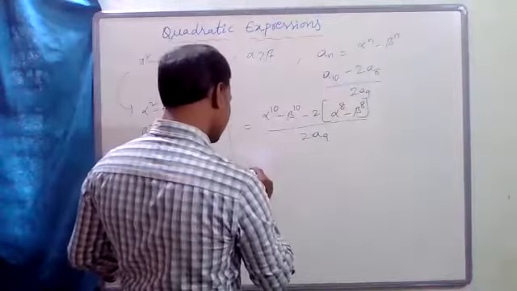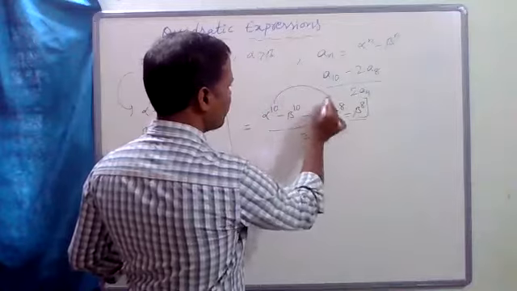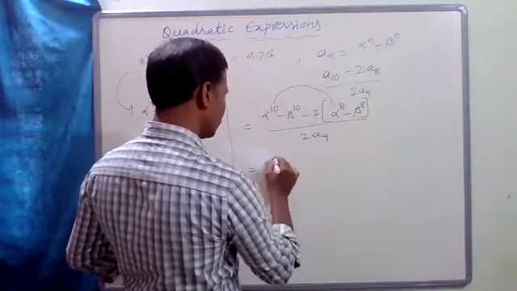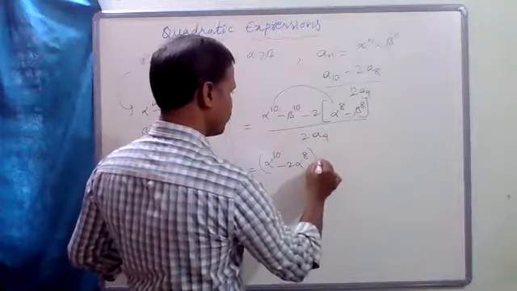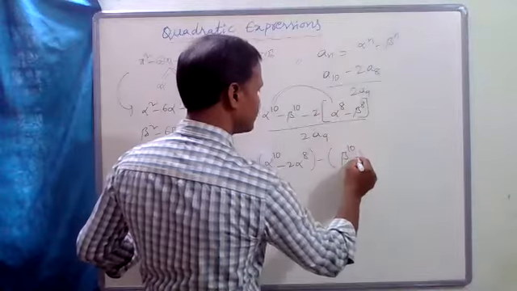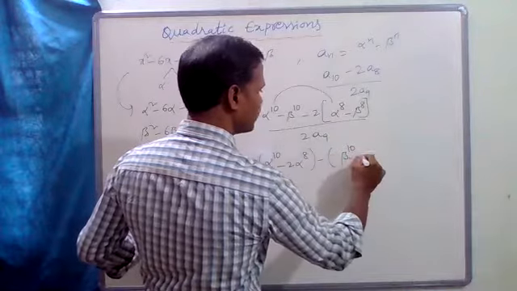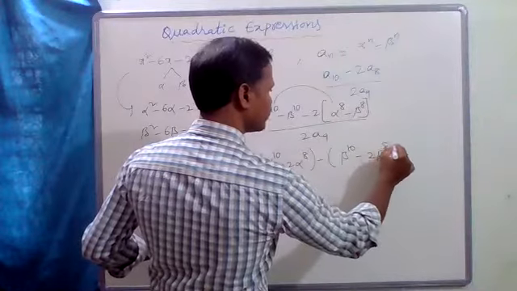Now in numerator, alpha power 10 minus 2 alpha power 8, minus beta power 10 plus 2 beta power 8, if you take out minus.